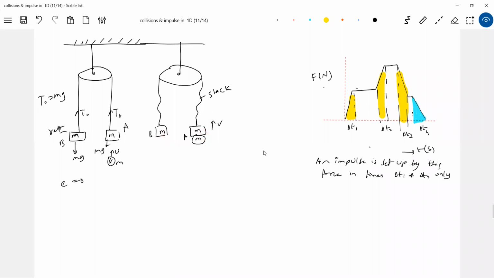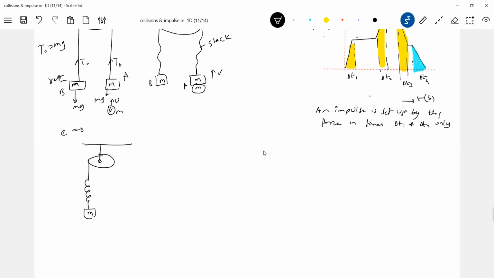So let's introduce a spring now. I'll bring the spring. This is B. Initially, what is the state of the spring?